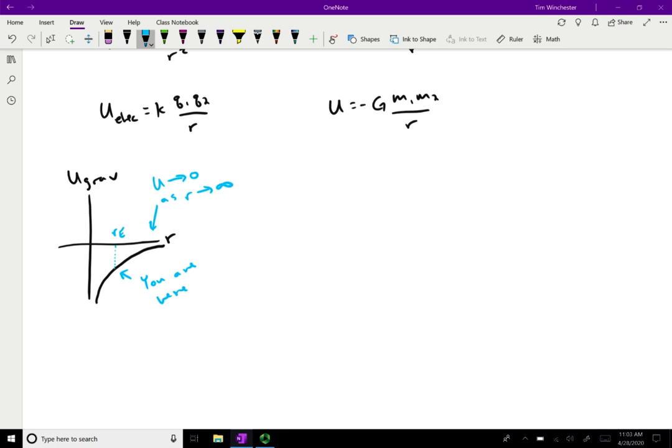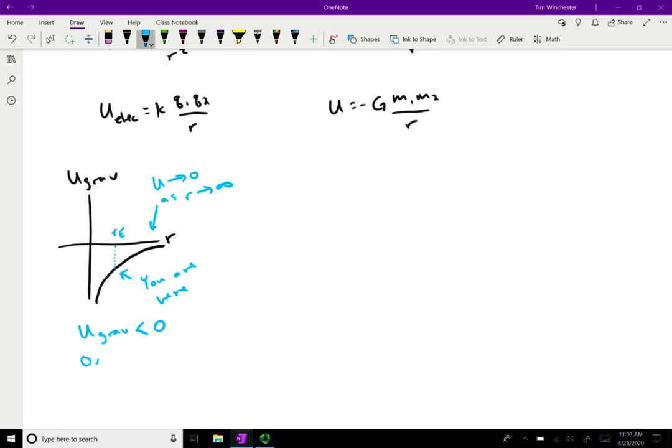Another kind of peculiar feature at first that turns out not to matter is that the gravitational potential energy is always negative. It's never positive. It can get close to 0, but it never quite reaches 0. But that's okay, because we're only ever interested in changes in potential energy.